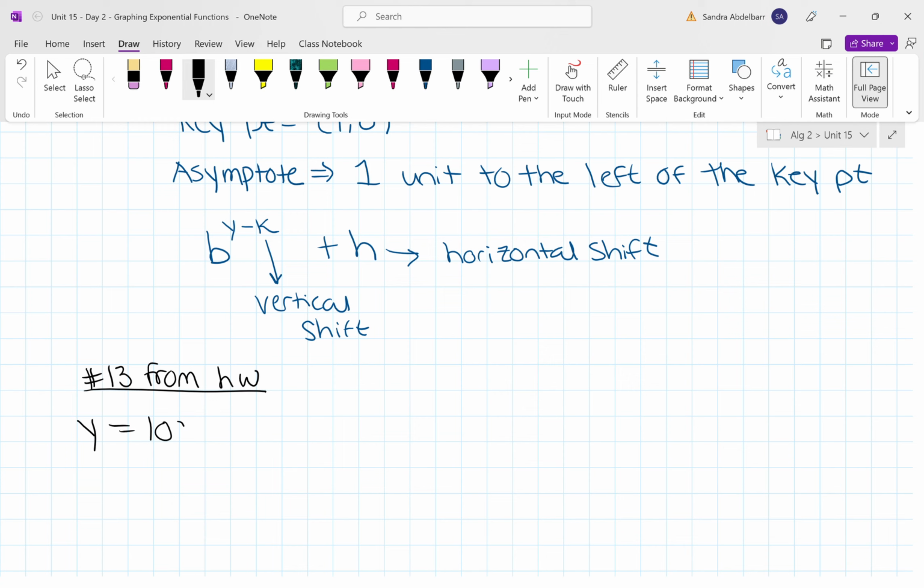Y equals log base 5 of x. What do you think the first thing I'm going to tell you to do if I'm asking you anything about a log equation? This doesn't really make much sense to us, especially when we want to sketch. So I'm going to say change it to an exponential.